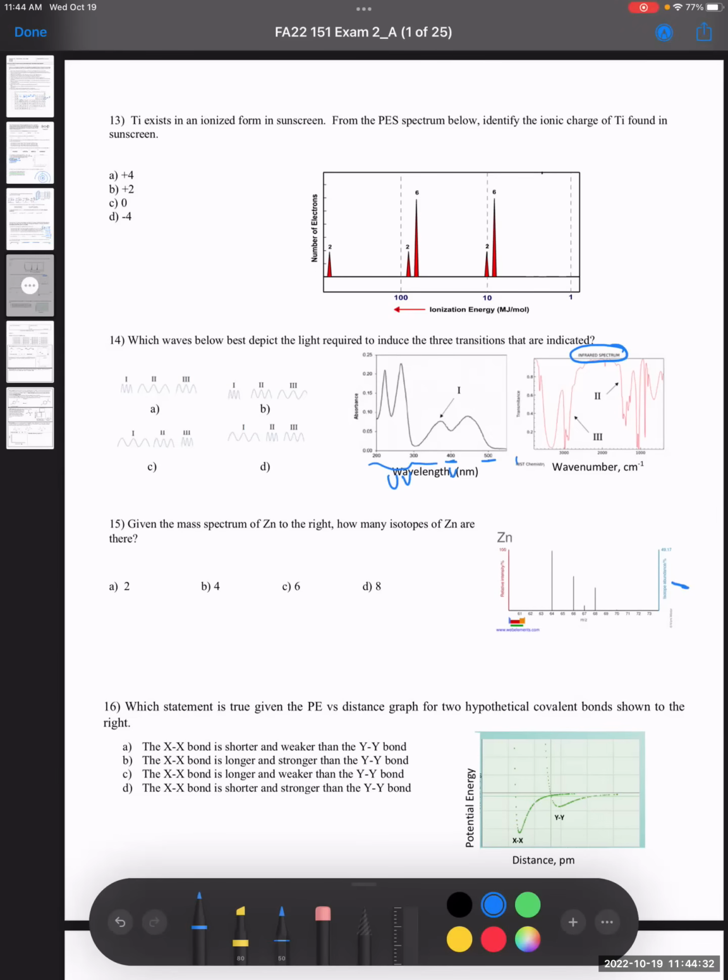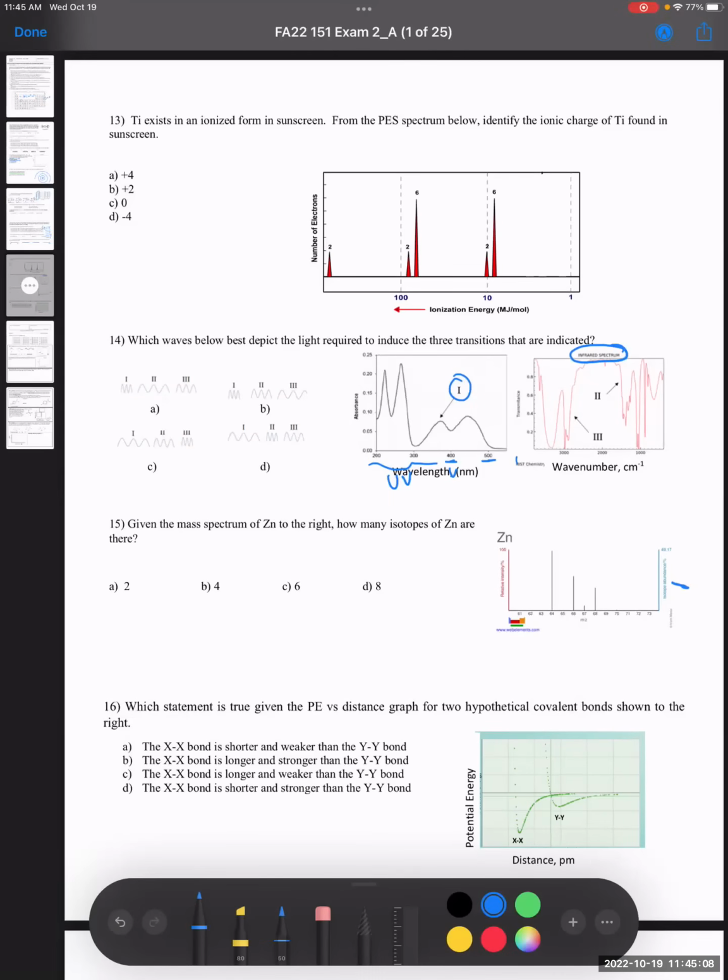Okay, so because we know that the visible light has a higher energy than the infrared light, one should have the highest energy out of 1, 2, and 3 because it is in the visible region. Well, actually, this is actually in the UV region, but anyway, UV visible light has a higher energy than the infrared light. Okay, and as a result of that, one should have the highest energy, meaning the shortest wavelength.